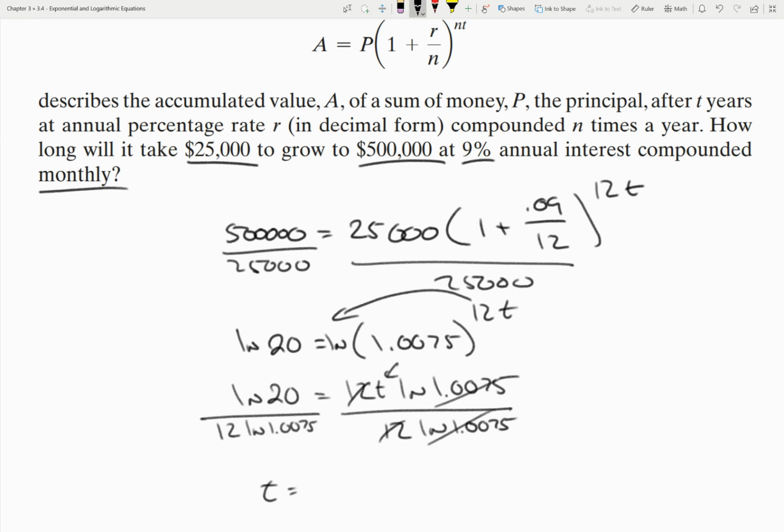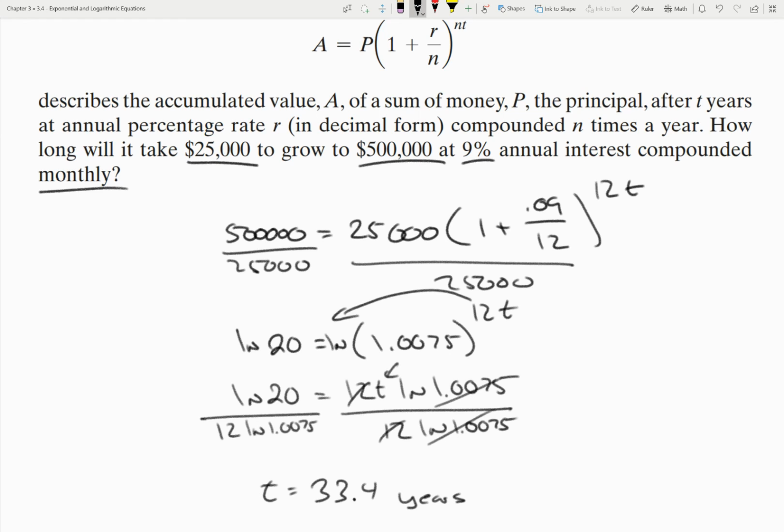Again, it doesn't make a lot of sense to leave a word problem in terms of a natural logarithm, so we're definitely going to use a calculator for this, which gives me 33.4 years.